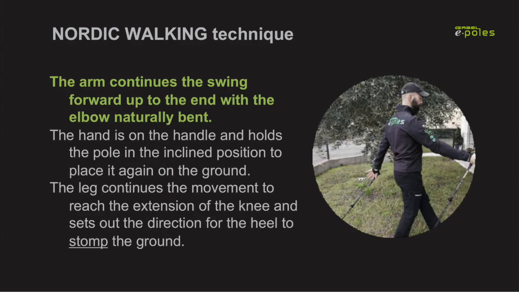The arm continues oscillation forward up to the end with the elbow naturally bent. The hand is on the handle and holds the pole in the inclined position to place it again on the ground. Then the leg continues the movement to reach the extension of the knee and sets out the direction for the heel to stomp the ground.